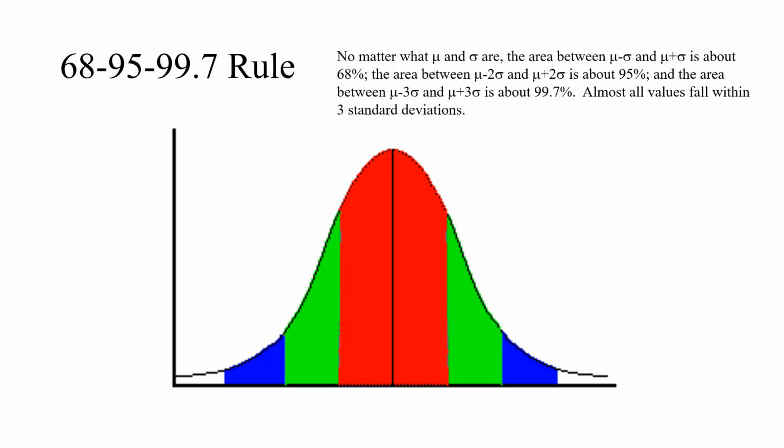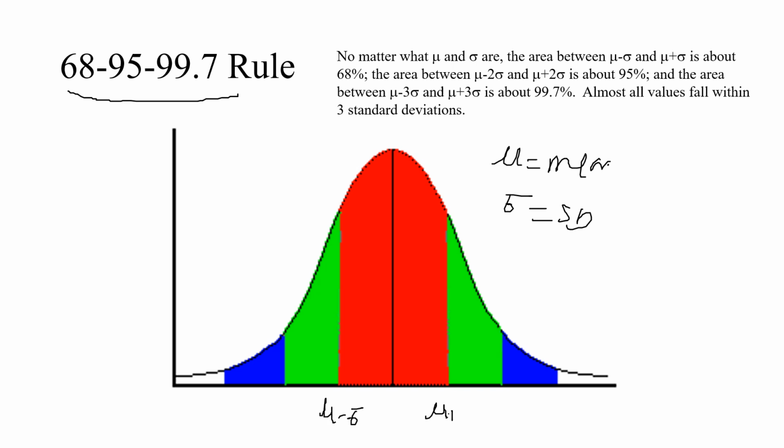One more important point related to normal distribution, 68, 95, 99.7 rule. No matter what mu means mean and sigma is standard deviation, the area between mu minus sigma and mu plus sigma is about 68%.